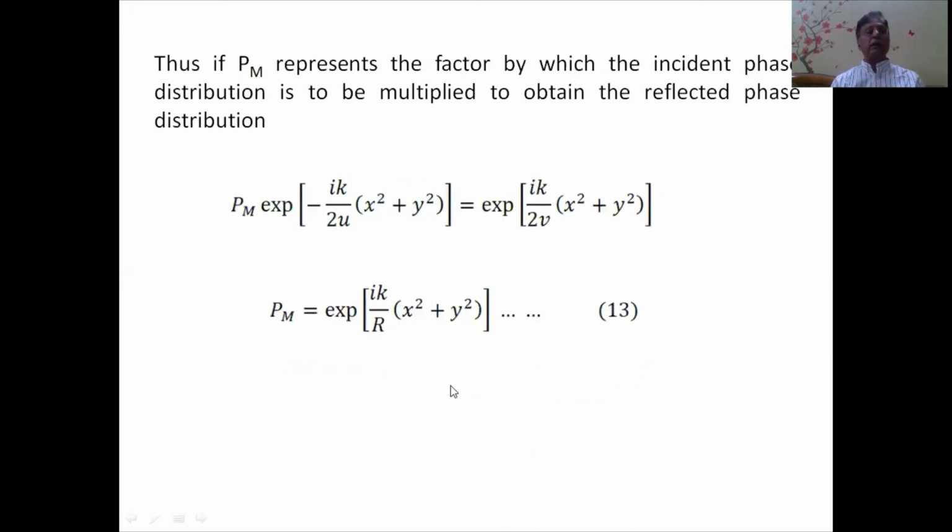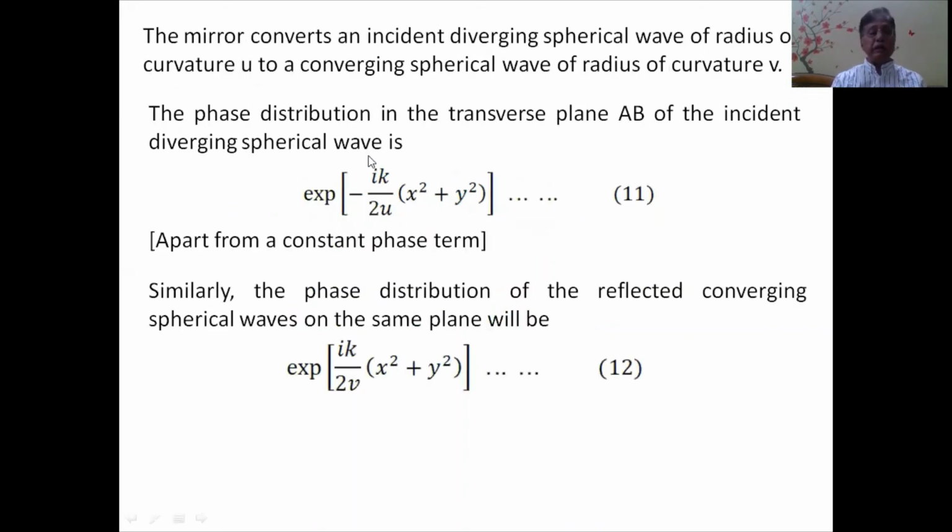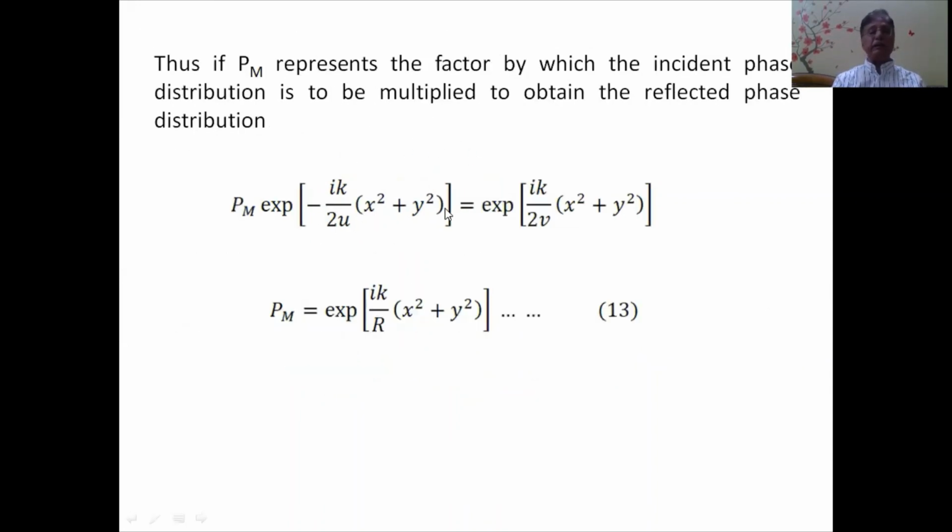Then, if we consider that PM represents the factor by which the incident phase distribution is to be multiplied to obtain the reflected phase distribution, then we have PM multiplied by the phase distribution because of the incident diverging spherical wave is equal to the phase distribution in the plane AB because of the converging spherical wave fronts.